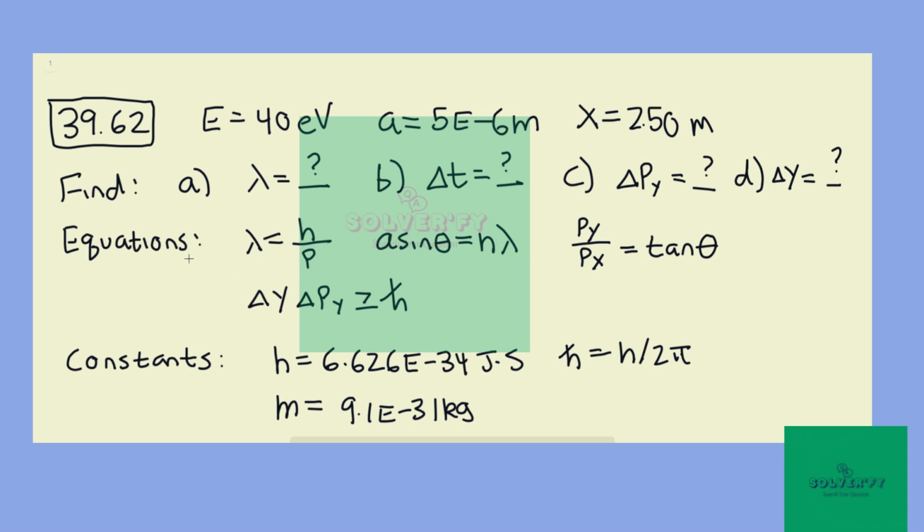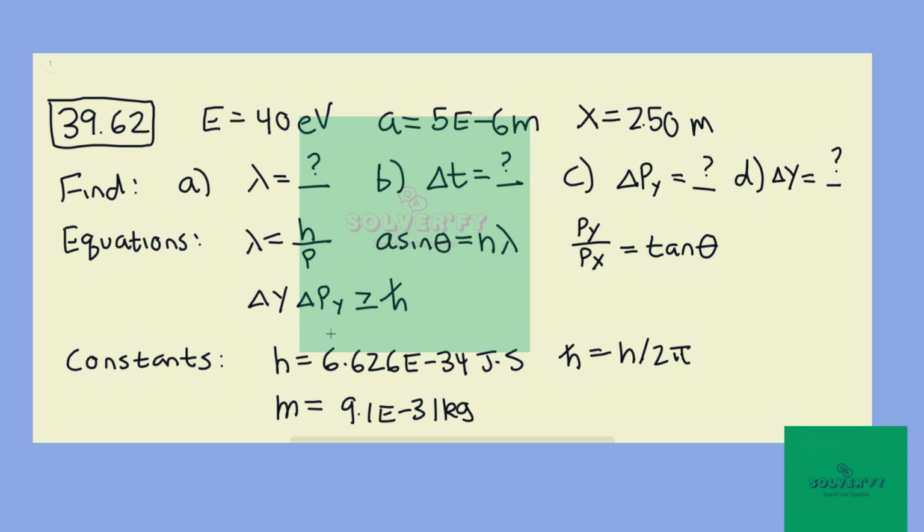Okay, so the equations we'll need are the definition of a de Broglie wavelength, h over the momentum. We will need the single slit interference equation. And we can also use this useful trigonometric result found earlier in the chapter for single slit interference, which relates the ratio of y and x momentum to the tangent of an angle.